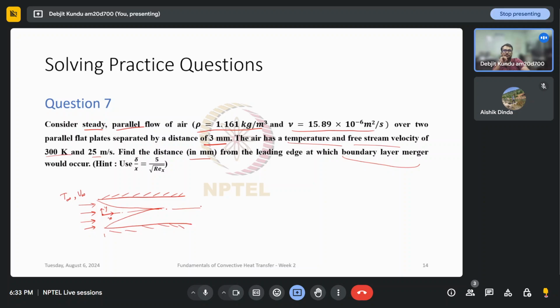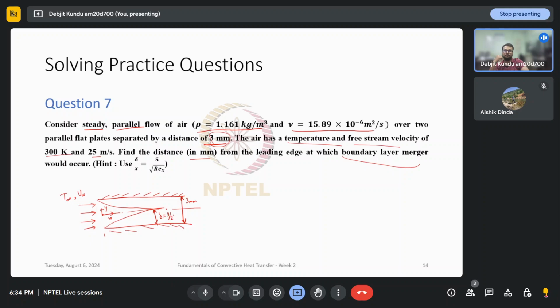So how to geometrically define that? So basically these two parallel plates, they are told to be separated by a distance of 3 millimeters. So this entire distance is 3 millimeter. Now given these are symmetric, the boundary layer would have to develop till a thickness of delta, which should be half of this.